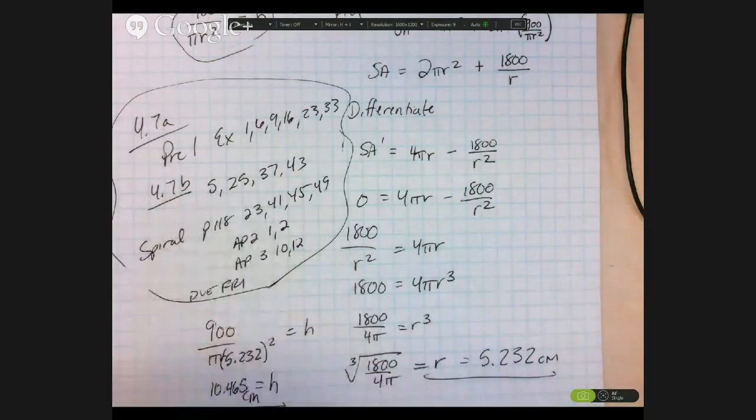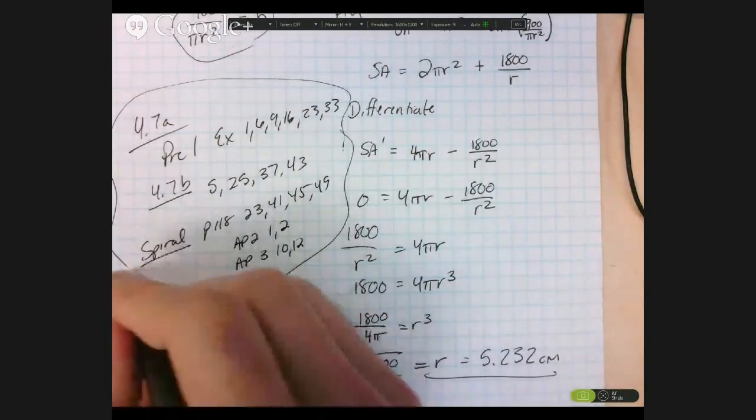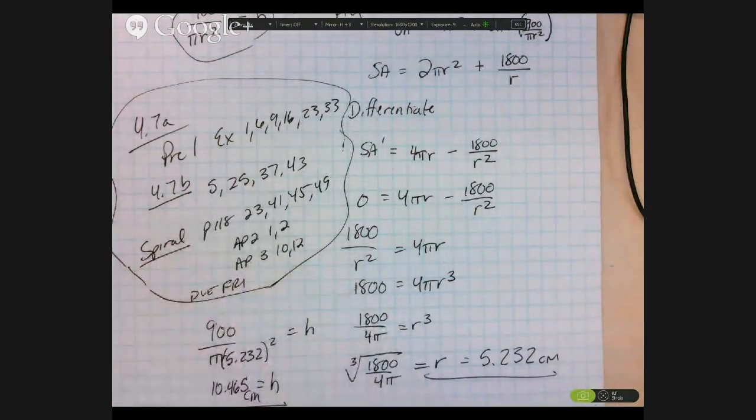And then the spiral. Is this matching the board? That should be.